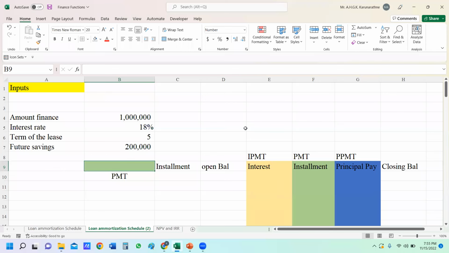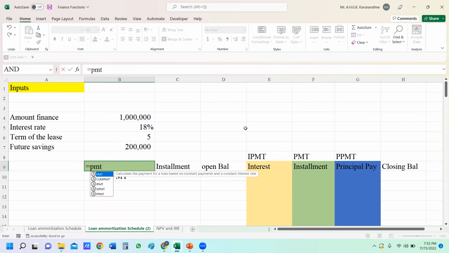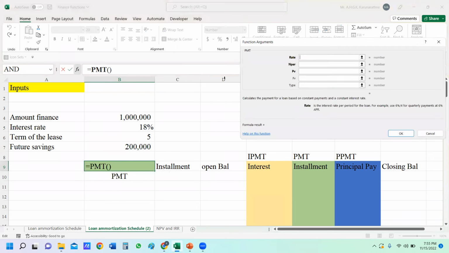What is the PMT? Okay, the PMT formula. Rate: this time it is very easy because the annual interest rate is given and repayment also takes place on an annual basis.